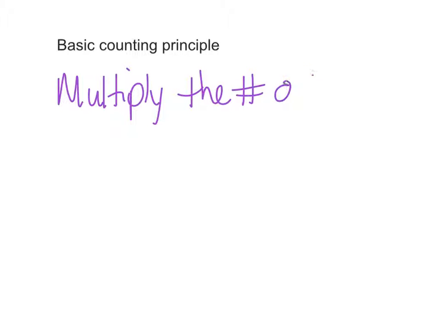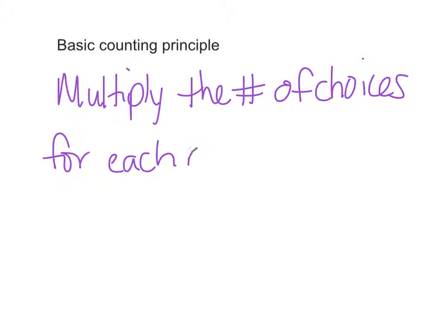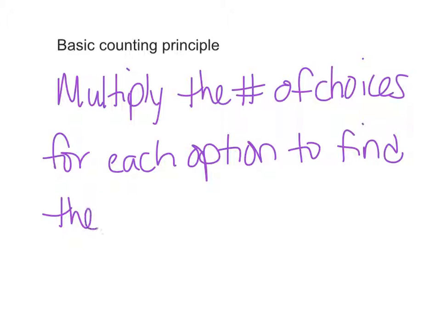And basically what it is, to find the total number of outcomes in a situation, you can multiply the number of choices for each option to find the total number of outcomes.